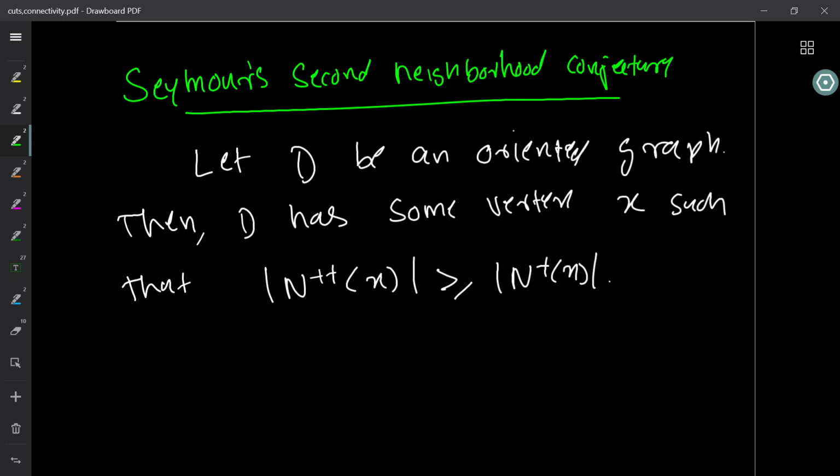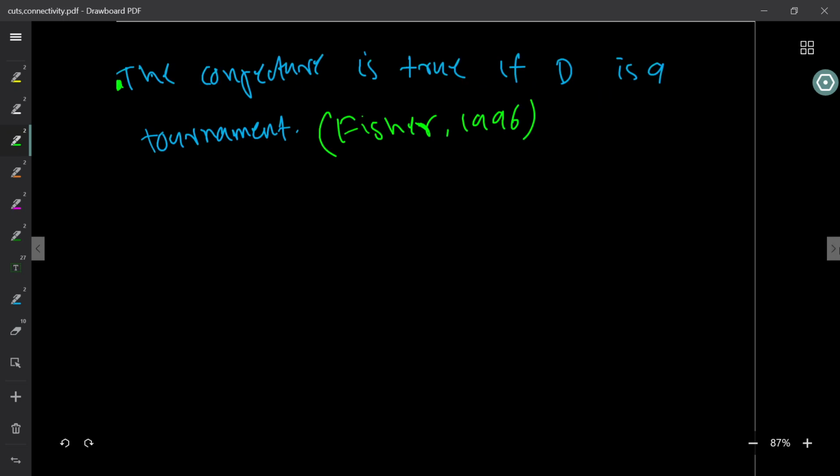Given a complete graph, if you just give an orientation, what you get is an oriented graph. It's called a tournament. So for tournaments, people have shown that this is indeed true. But for general oriented graphs, we still don't know. So it is still an open question. It was proved by Fisher, I think, in 1996, that the conjecture is true when the directed graph is a tournament.